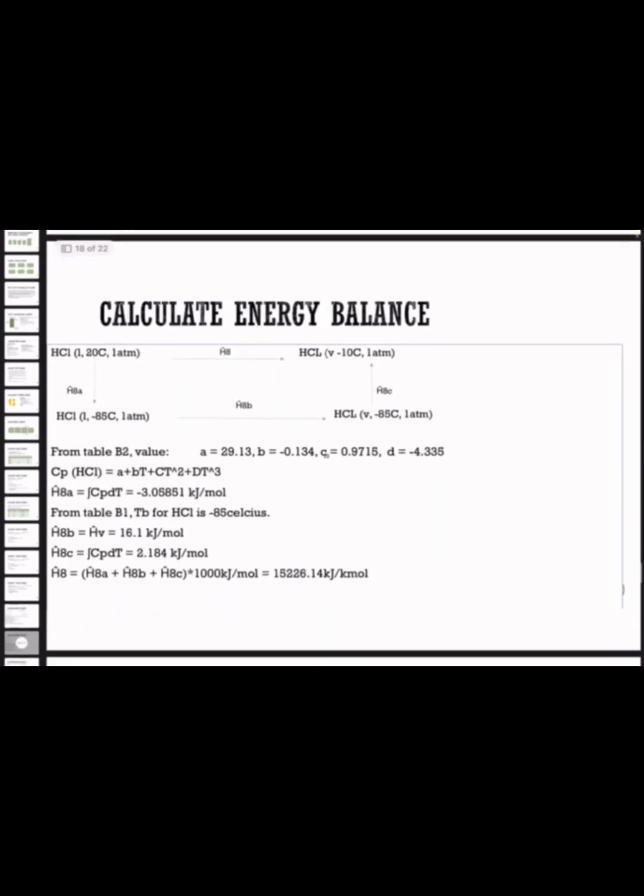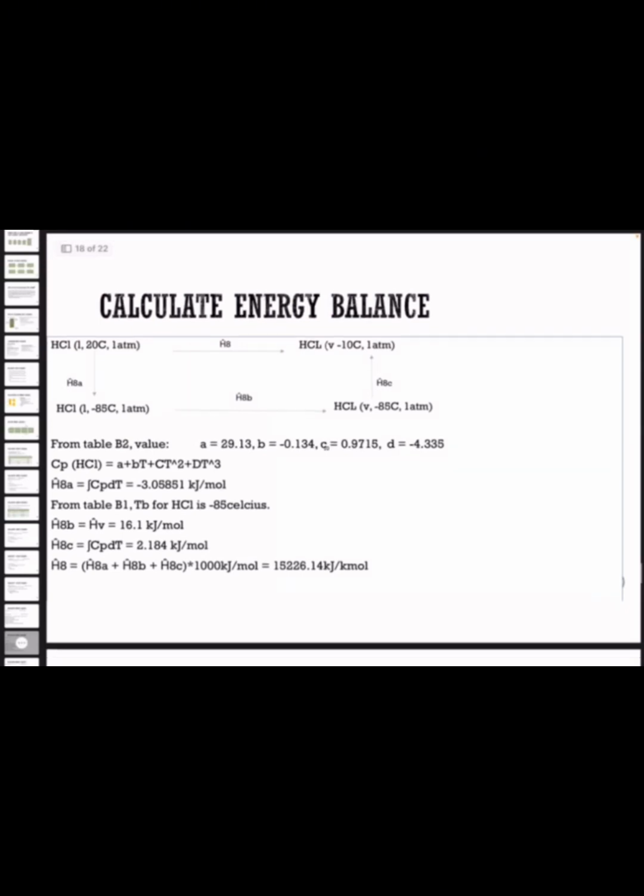Same for HCl at the top stream. First of all, we need to go to minus 85 degrees C because minus 85 degrees C is the normal boiling point for HCl. In order to go to minus 85 degrees C, we have to find the Cp because it's type 2, different temperature. We do the CpdT, and after we integrate, we get the value negative 3.05851 kJ per mole.